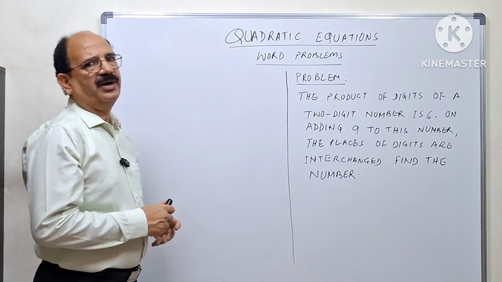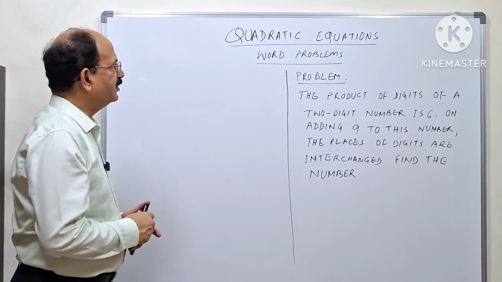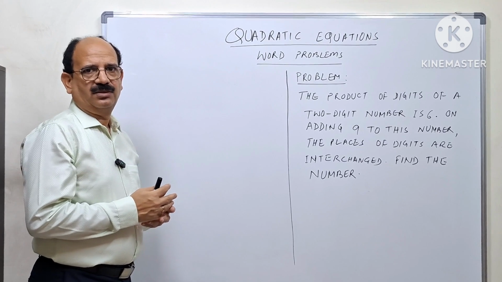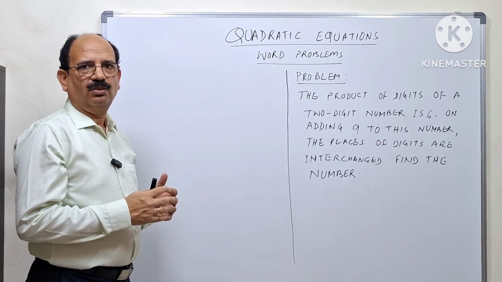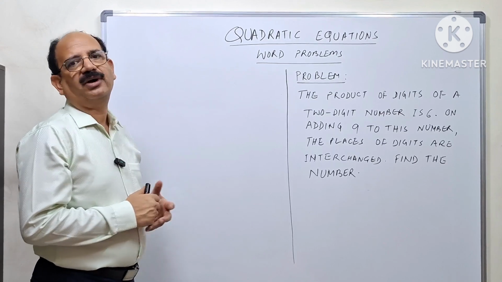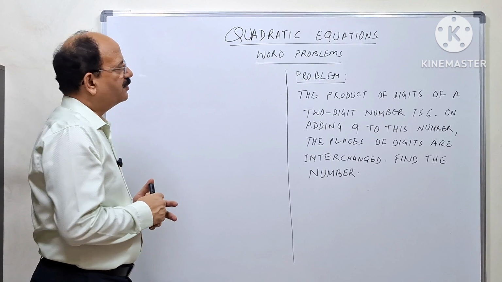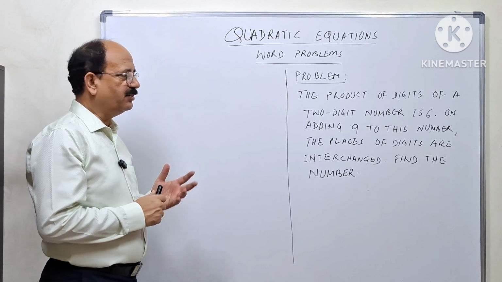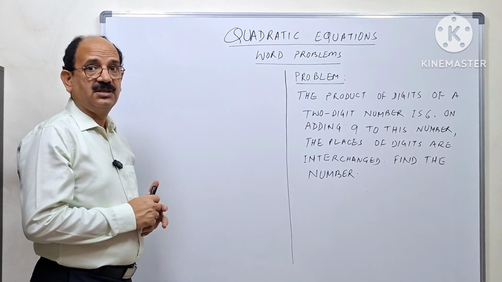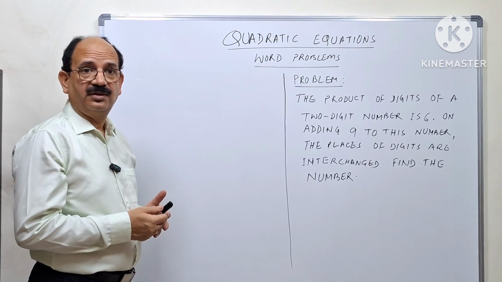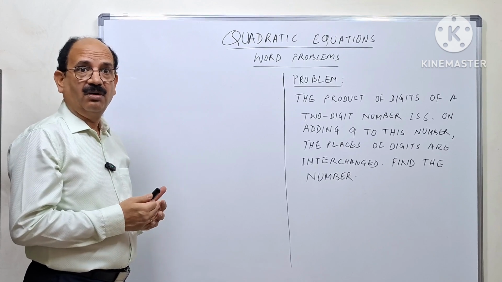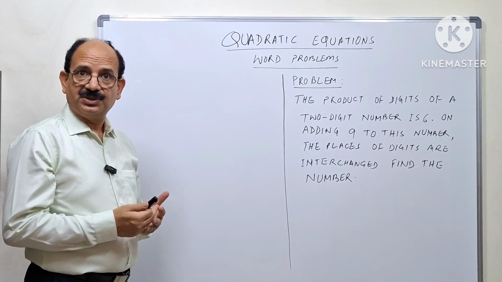We have been discussing quadratic equations in the last few videos. Word problems are also solved in certain cases using quadratic equations. These word problems may be related to numbers, ages, work and time, or speed, time, distance.